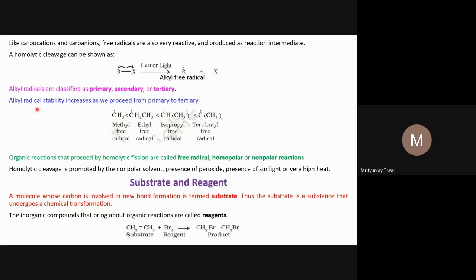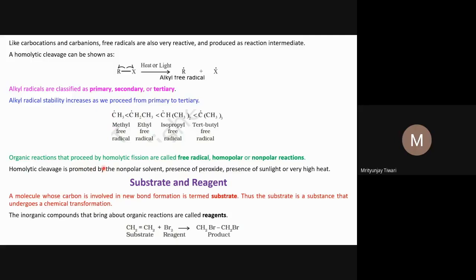So alkyl radical stability increases as we proceed from primary to tertiary, like we have seen in the case of carbocations as well. The stability of carbocations and free radicals follows the same trend. Tertiary is most stable, then comes the secondary carbocation or free radical, then the primary, then the methyl carbocation or methyl free radical.